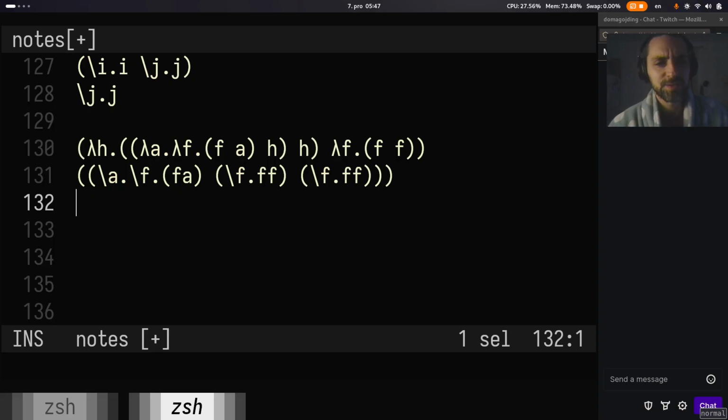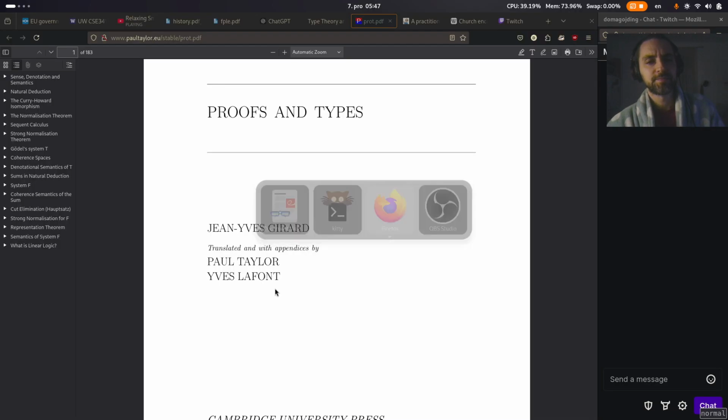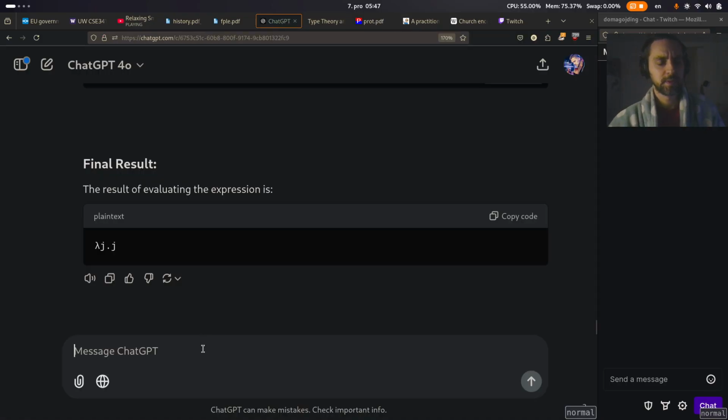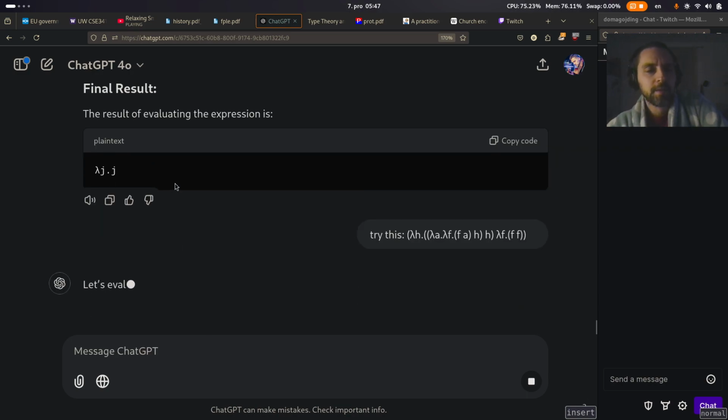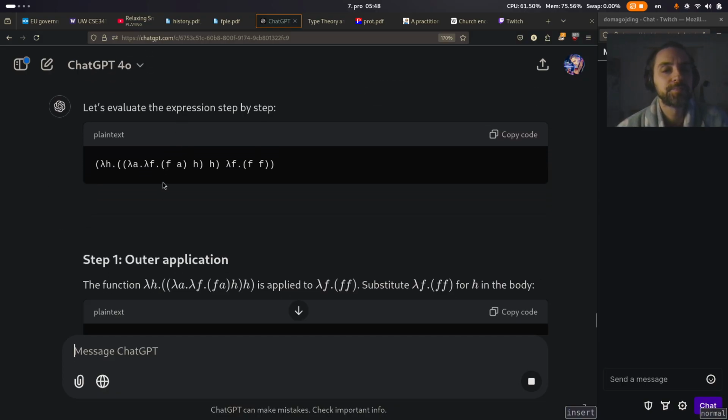I'm actually not sure because it's all on the same level, this thing. Let's try. Try this. Lambda h, lambda a, lambda f, fa.